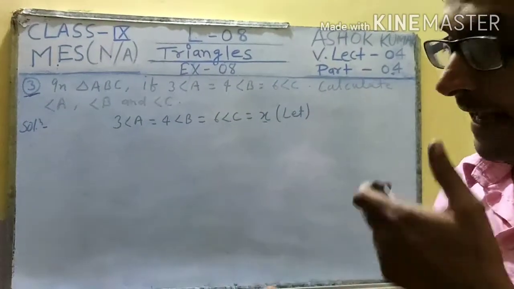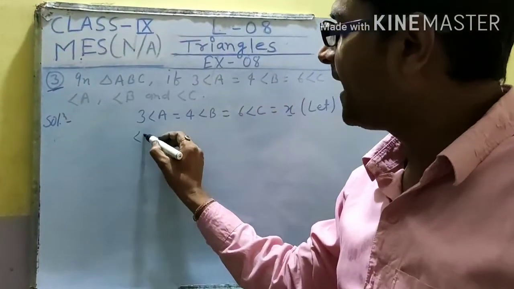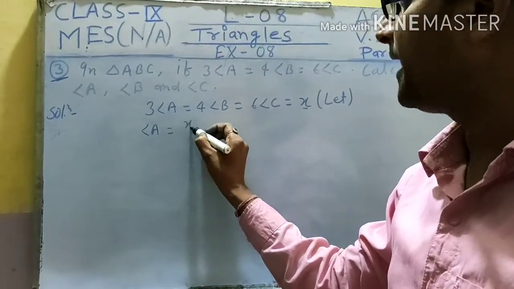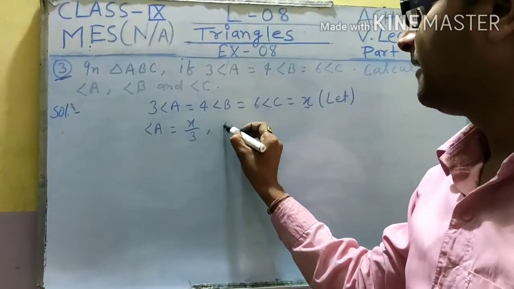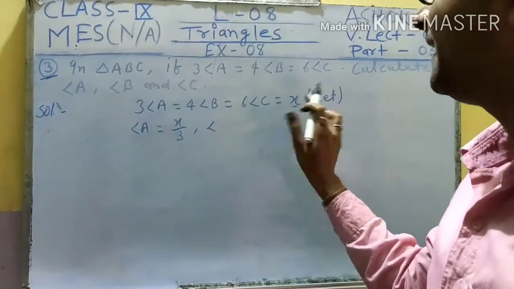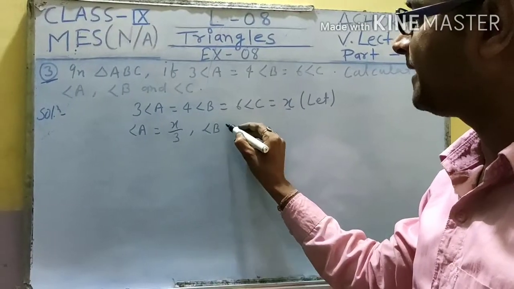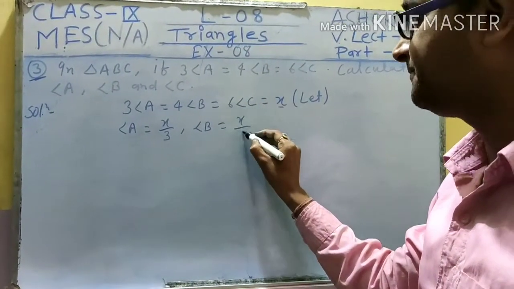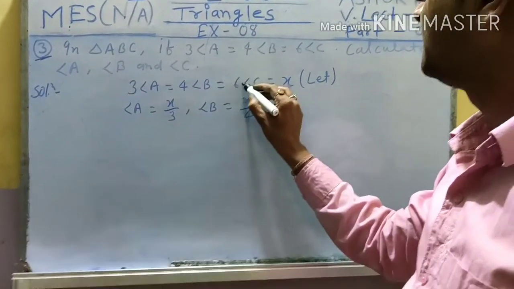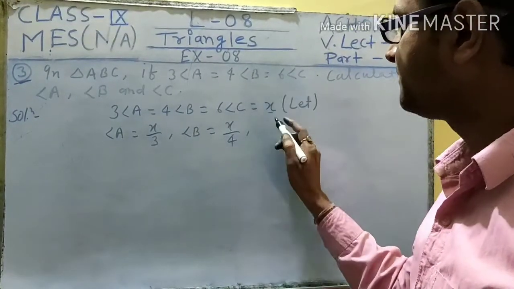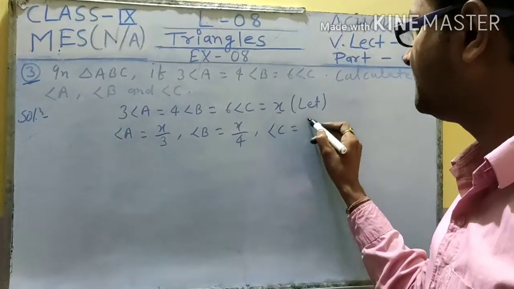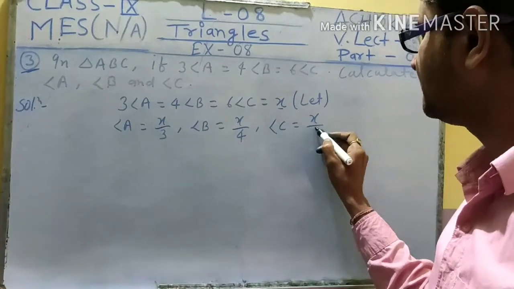That variable is x. So angle A is equal to x by 3. Again, because 3 is divided here, this value is equivalent to this value, so we can write angle B is equal to x by 4 as it is, and again this value is equivalent to this value, so we can write angle C is equal to x by 6.